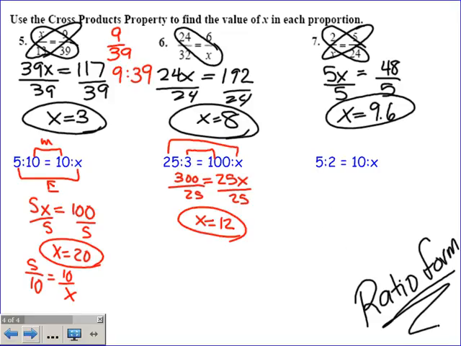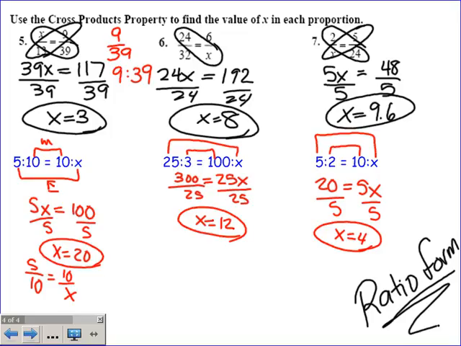Let's just think of it that the means are the ones on the inside, the extremes are the ones on the outside. So if we multiply the means, that'd be 20, yep. And multiplying the extremes, okay, now what do we do? X equals 4. Alright. Thanks for that, Tyler.